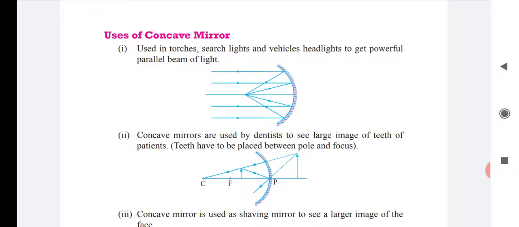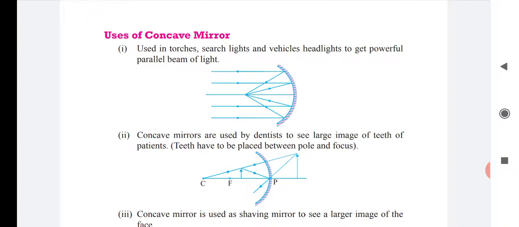Next, concave mirrors are used by dentists to see a large image of the teeth of patients. In order to see a large image of the patient's teeth, the image should be virtual and erect.